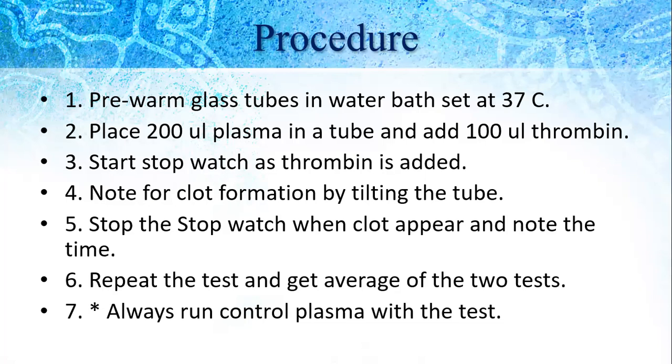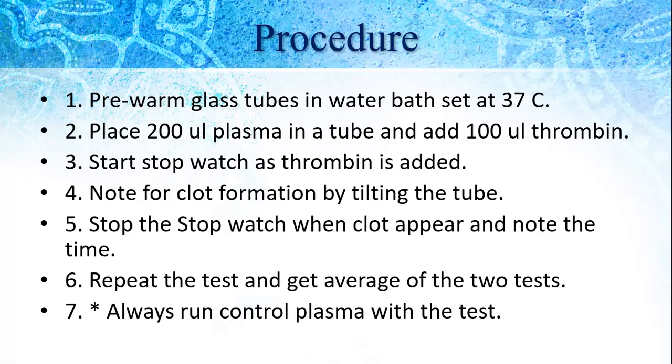If clot formation occurs, how will you see the clot in the test tube? After a few seconds, you will observe the clot formation in the plasma by tilting the test tube.